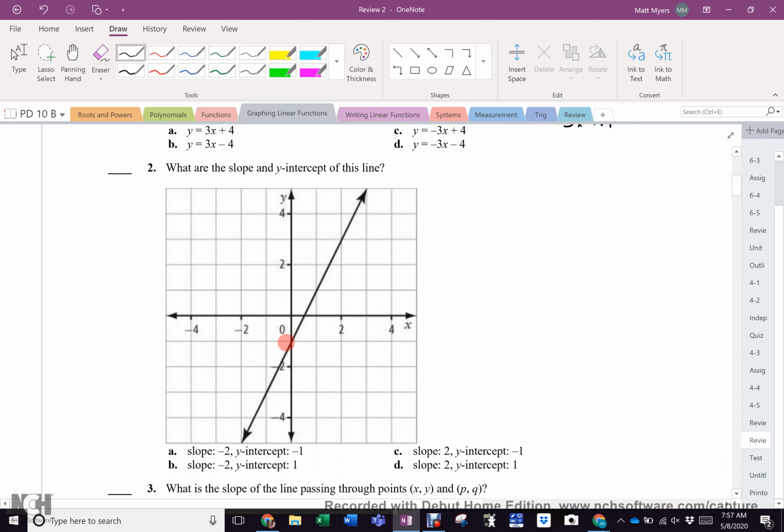Slope and y-intercept of this line, well, there's my y-intercept, so my y-int equals negative 1, and my slope equals rise over run, so I went up 1, 2, and over 1, which equals 2, so it's a slope of 2 and a y-intercept of negative 1, which is c again.